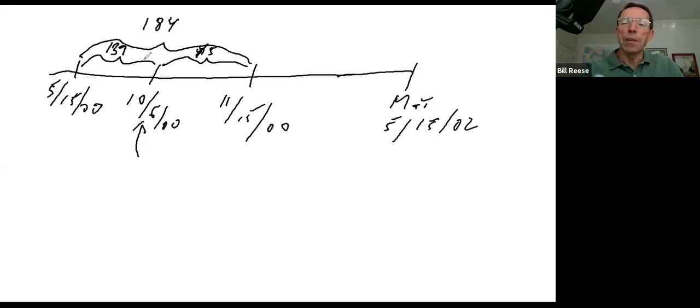The amount of time since the last coupon payment is 139 days, and there are 184 days in the 6-month period. So the person I bought the bond from is due this fraction, 139 over 184, of the coupon payment.